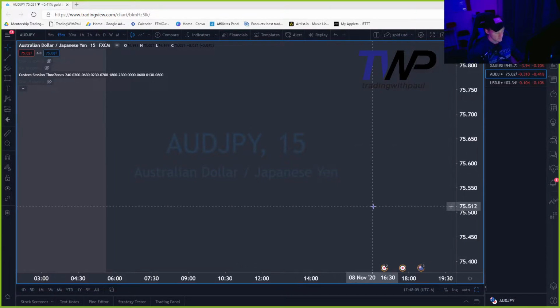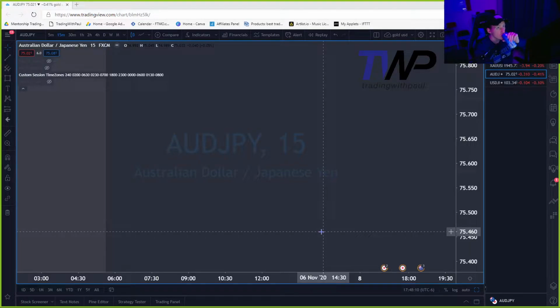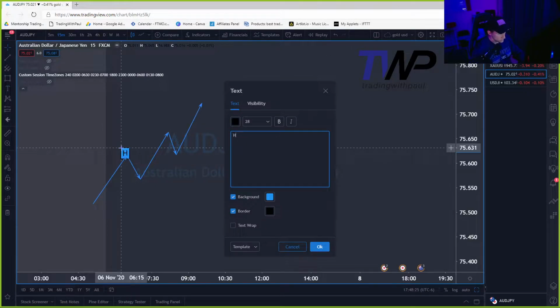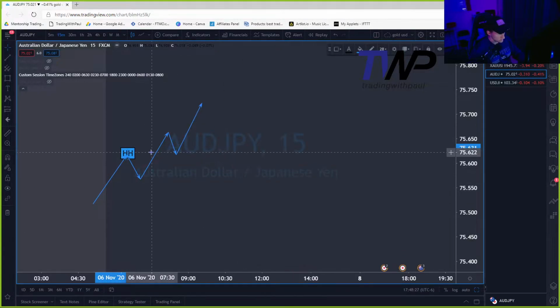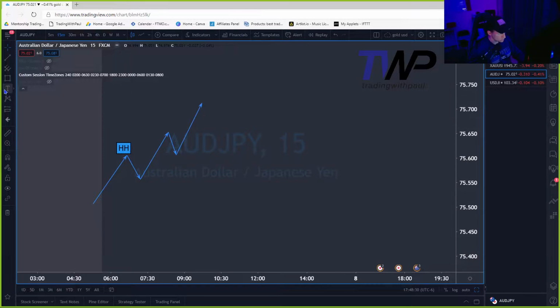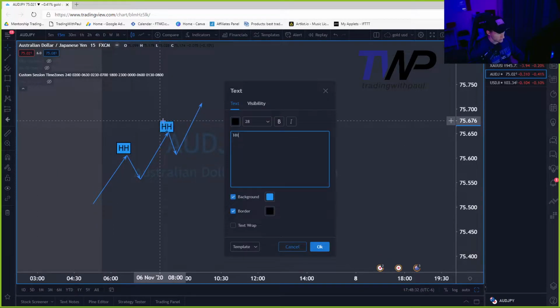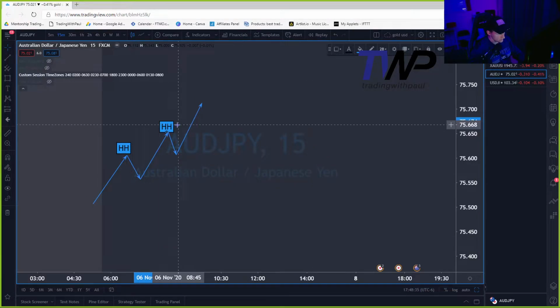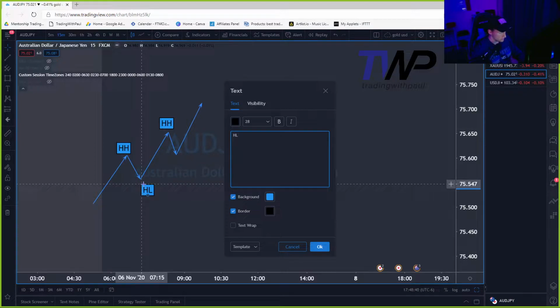So first of all, we're gonna start with the basics: uptrend and a downtrend. So uptrend looks like this, right? We make these higher highs, got higher highs up there, and we got our higher lows right here.